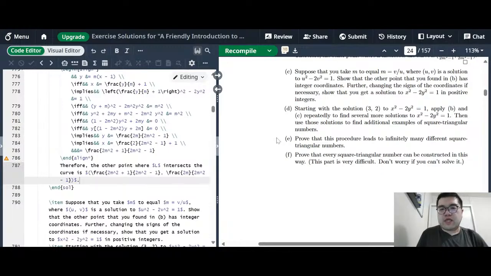Okay, part C. Suppose that you take m equals v over u, where v is a solution to another curve equation, u squared minus 2v squared equals 1, which actually looks very close to our expression, x squared minus 2y squared equals 1. And again, that's like replacing with another variable, throwing in a different graph.